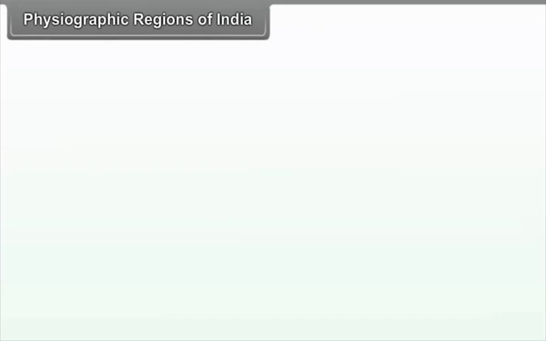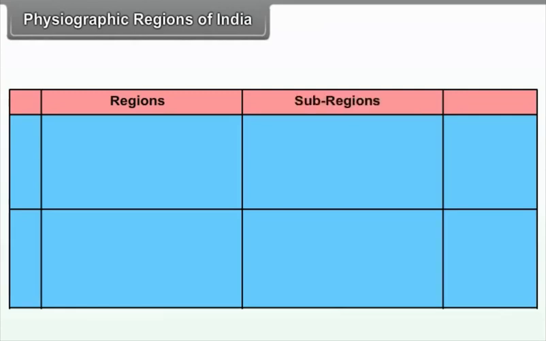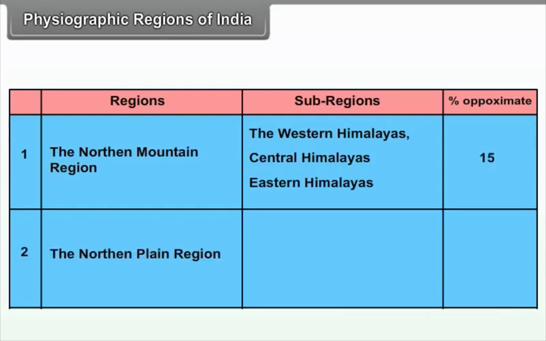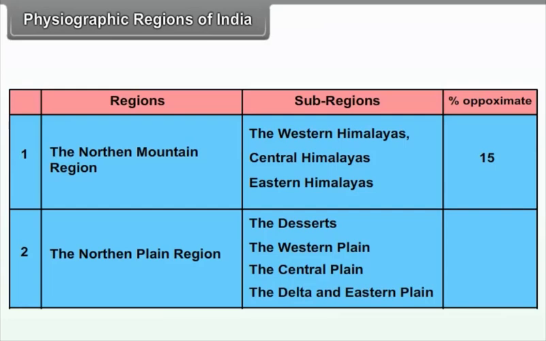Physiographic regions of India. Regions, subregions, percentage approximate. The Northern Mountain Region: the Western Himalayas, Central Himalayas, Eastern Himalayas, 15%. The Northern Plain Region: the deserts, the Western Plain, the Central Plain, the Delta and Eastern Plain, 32%.